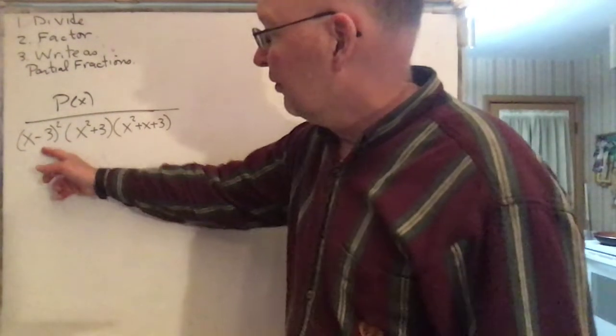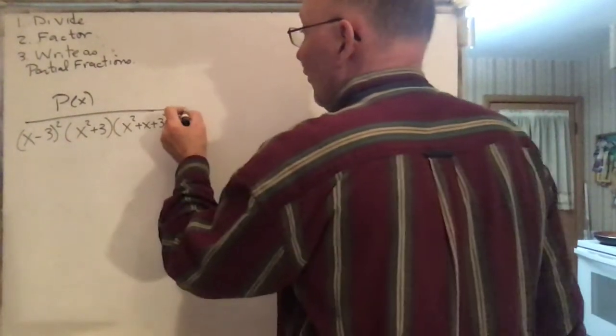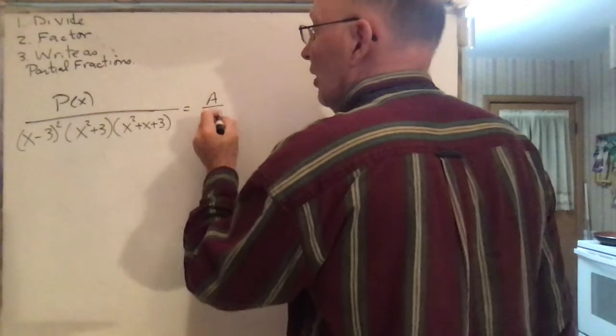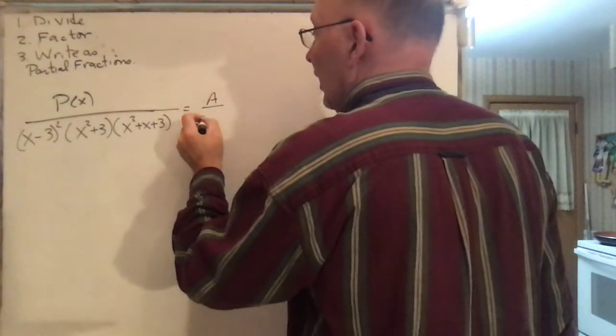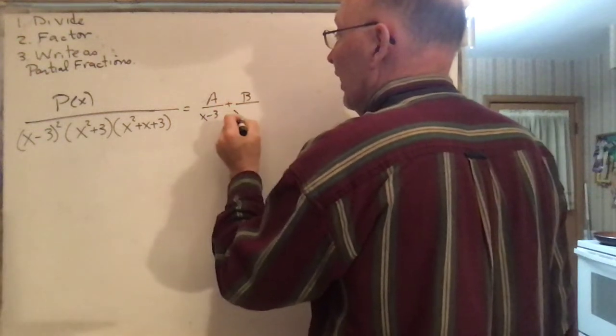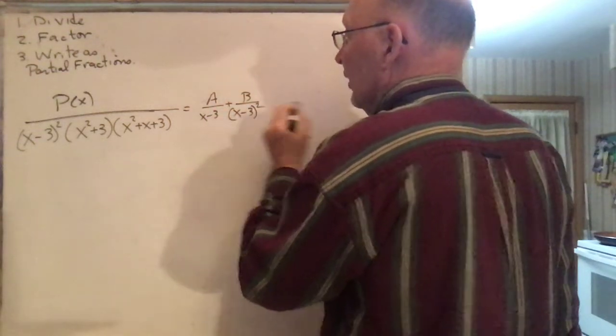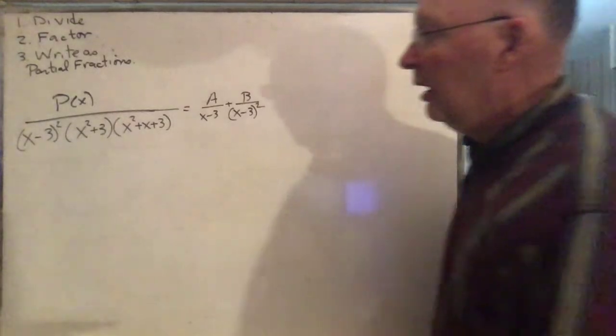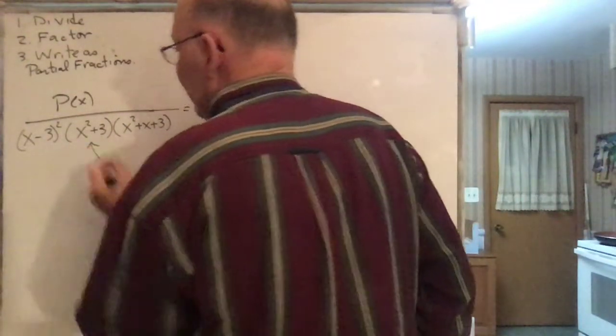These are linear terms, and so these you do just as before. You're going to write it as a over x minus 3 plus b over x minus 3 squared. Same as the previous problem. Here we have a quadratic term.